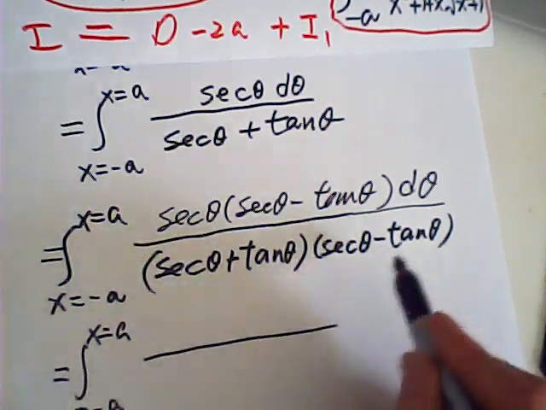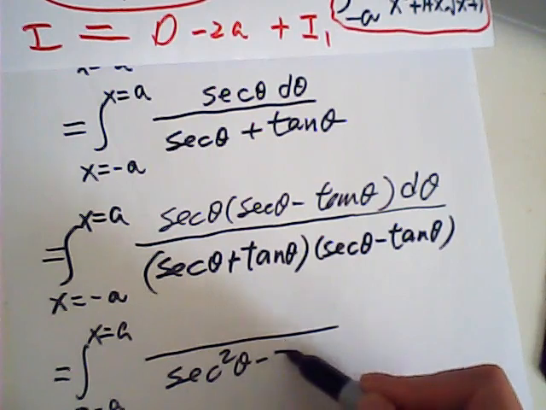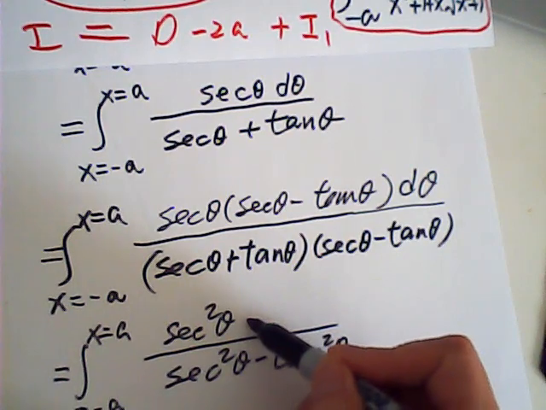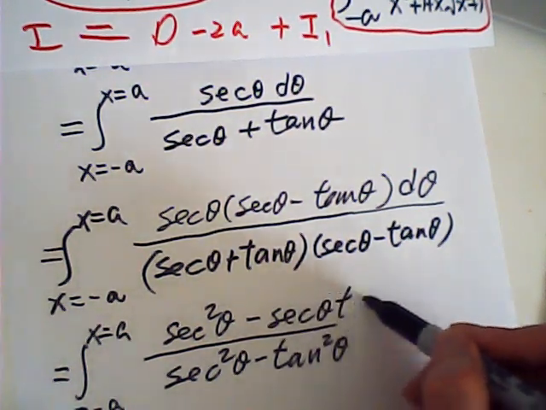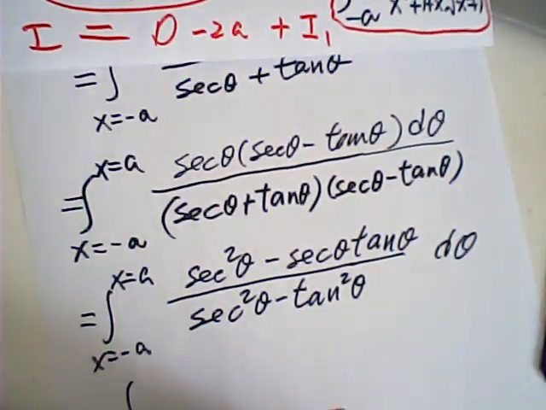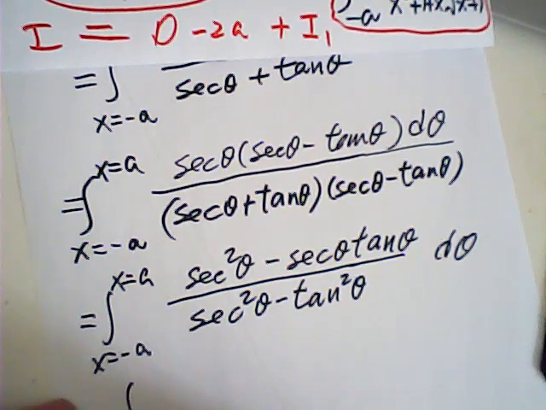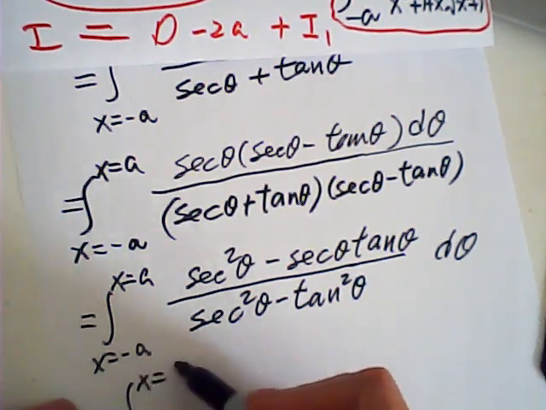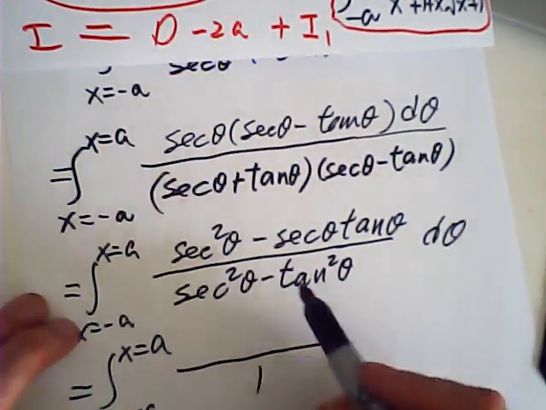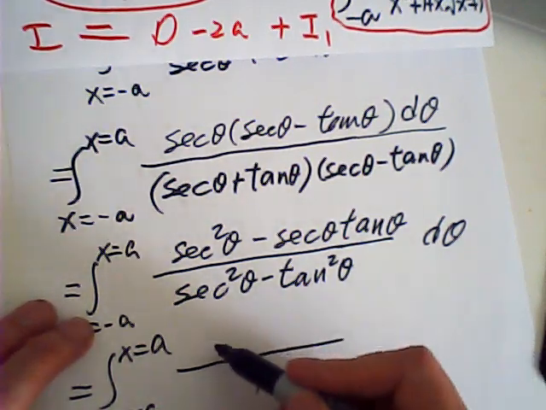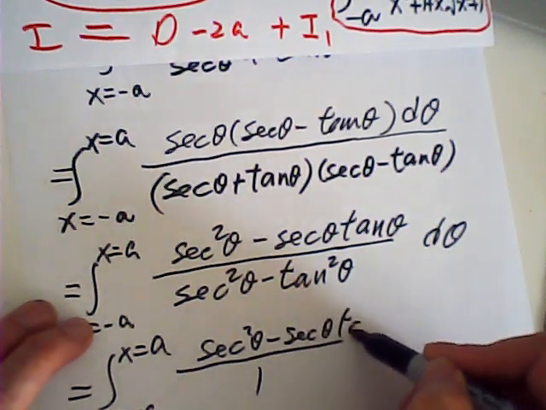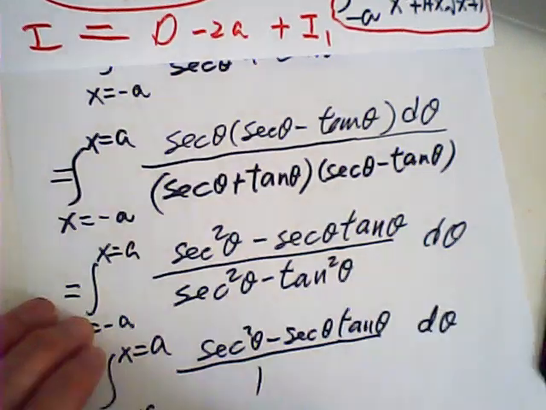On the bottom, this would be secant squared minus tangent squared. On top will be secant squared minus secant tangent, d theta. Well, secant squared minus tangent squared is 1. So you have secant squared theta minus secant tangent theta d theta.